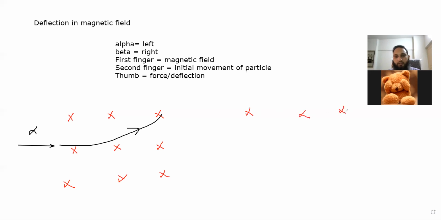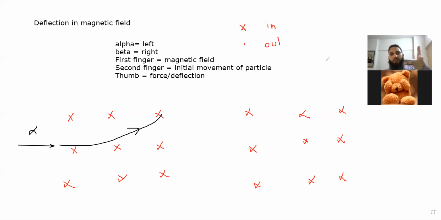If we want to show the deflection of a beta particle, the meaning of a cross is that the magnetic field is in, and the meaning of a dot is that the magnetic field is out.